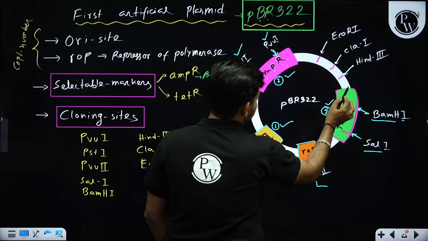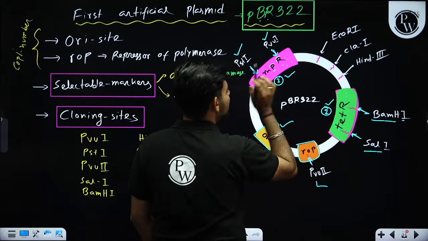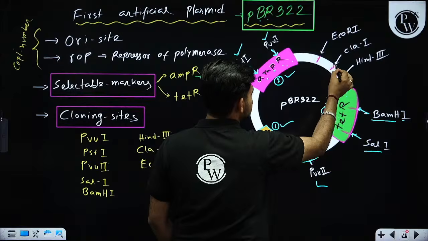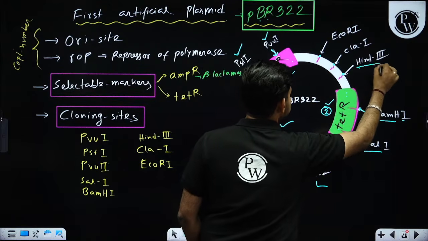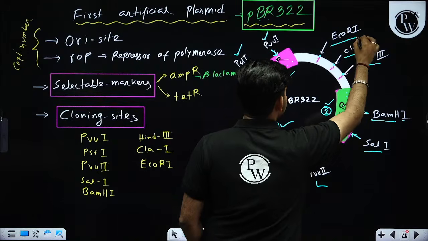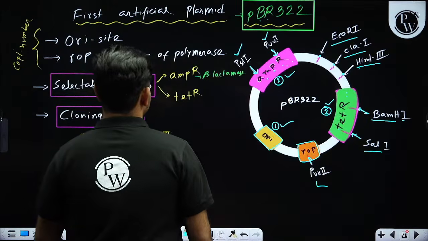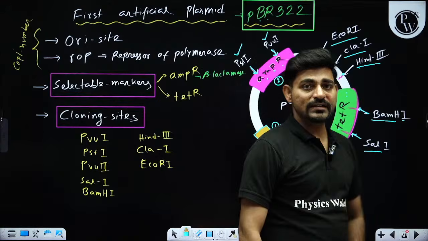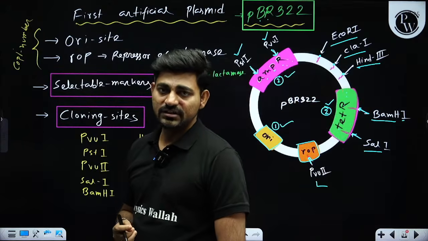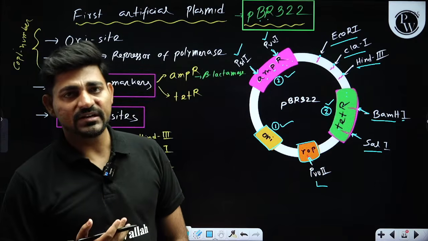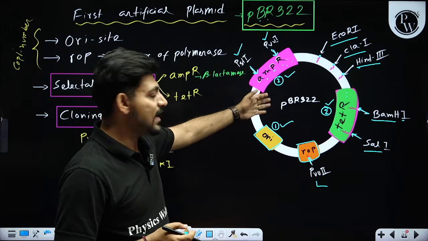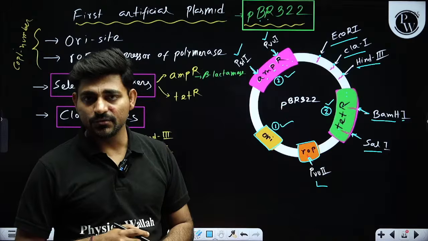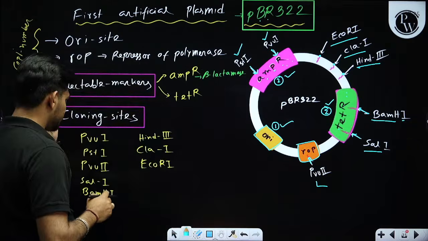And in between the zone of TetR and AmpR, you are getting three cloning sites of three different restriction enzymes, that is HindIII, ClaI and EcoRI. So that's why in old days in genetic engineering to construct recombinant DNA, in the beginning they used to utilize pBR322 as cloning vector.